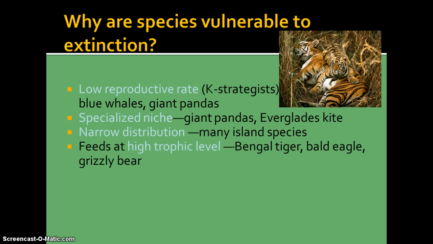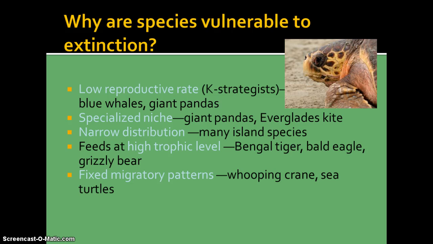If they are higher trophic level feeders, like tigers, bald eagles, grizzly bears, we already know that they're few in number because 10% of energy is passed through each trophic level, so there's not the energy there for them to consume. If they have a fixed migratory pattern, certain birds, turtles, and then something happens to affect their migration.